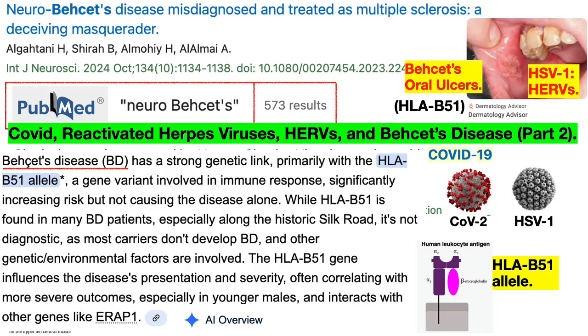And so this sequence of a primary insult, in this case a CoV-2 infection, reactivating HSV1, a secondary response, and the reactivation of HERVs, a tertiary response, leading to pathological lesions, Behçet's ulcers with the presence of HSV1 and potentially the reactivation of HERVs in these lesions, should serve as a useful system to understand the impacts of treatments that are designed to suppress long COVID symptoms and the reactivation of herpes viruses. Now, I'd like to tie these concepts together.